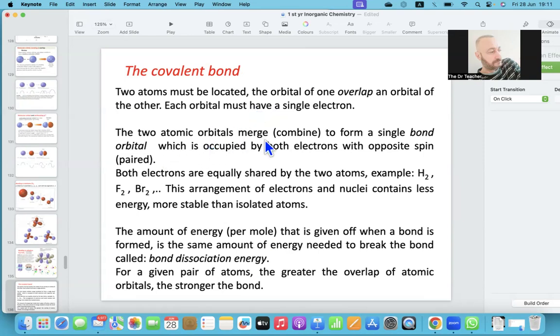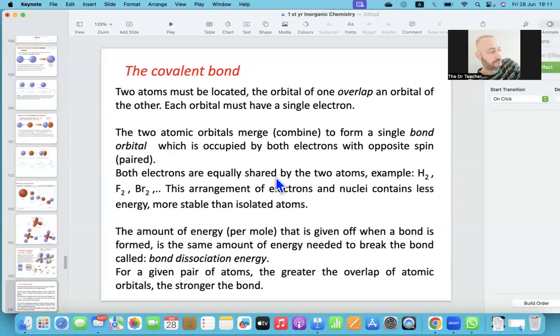2 atomic orbitals merge or combine to form a single bond orbital, which is occupied by both electrons with opposite spin, or paired. So when 2 electrons combine in one orbital, both will spin oppositely to reduce the repulsion.